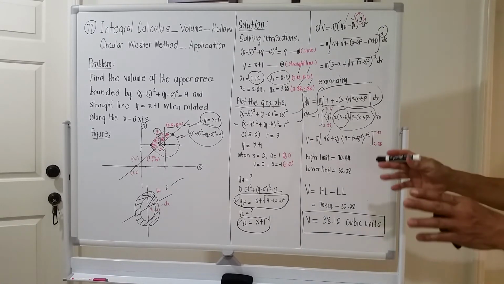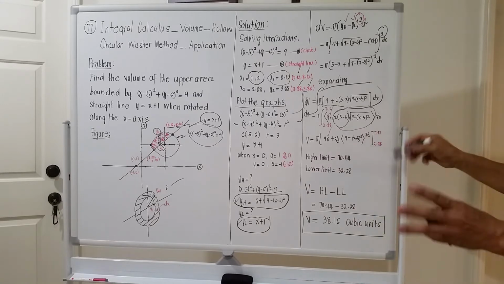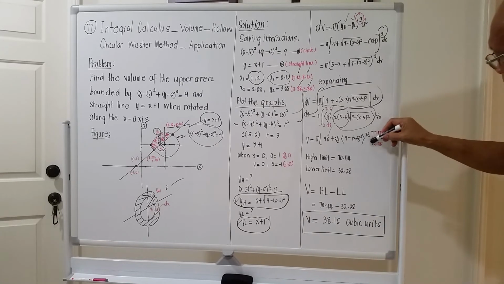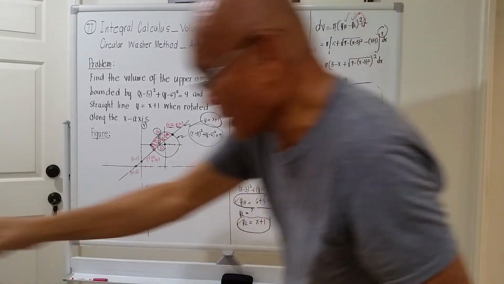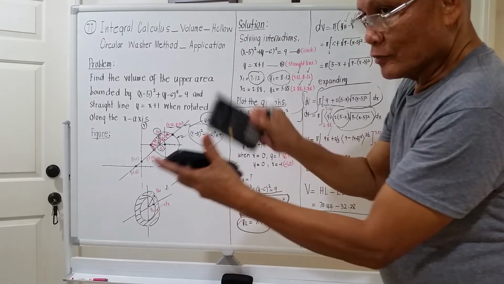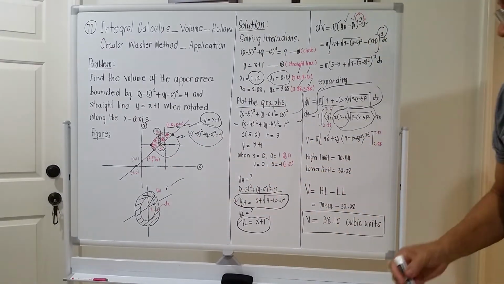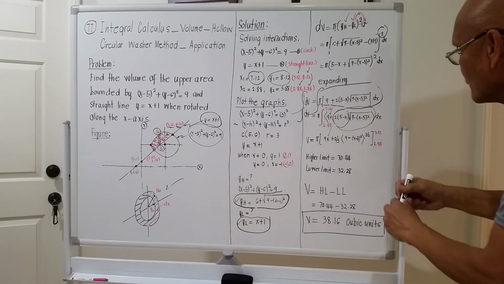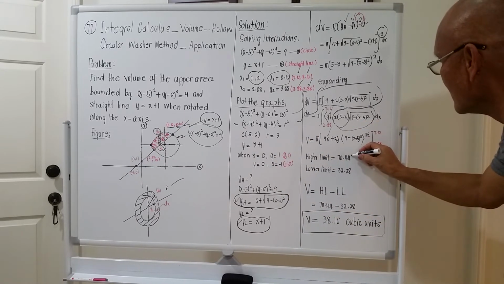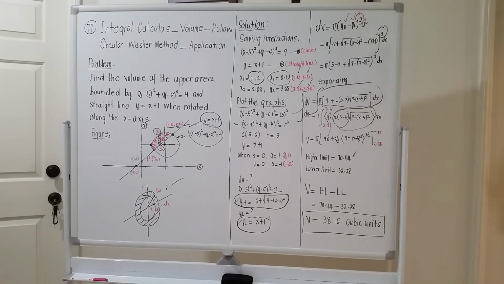It's a long, tedious solution, because what you will do is take the upper limit, place it here, then compute for the value. Use your calculator, guys. I did it myself. If I place 7.12 back here, then simplify, the value is 70.44.